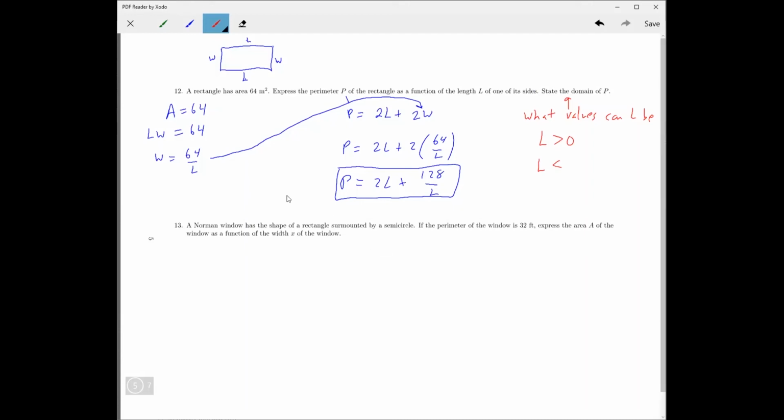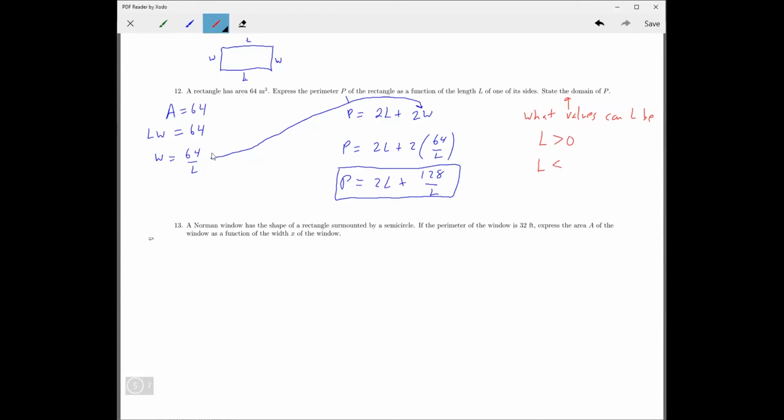And the area has to be 64. It could be 32, right? Could it be 32? I suppose so. Could it be any arbitrarily large number?